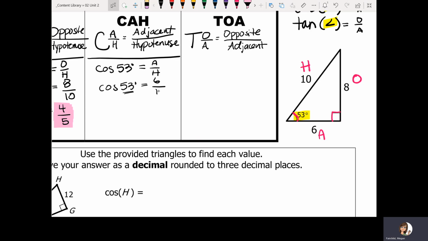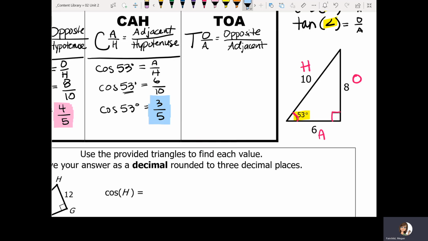H is still 10. So I'm following A over H, 6 over 10. That's why when you label the sides, it makes it a lot easier. So cosine of 53 degrees is, simplify the fraction, 3/5. Questions how I got 3/5?